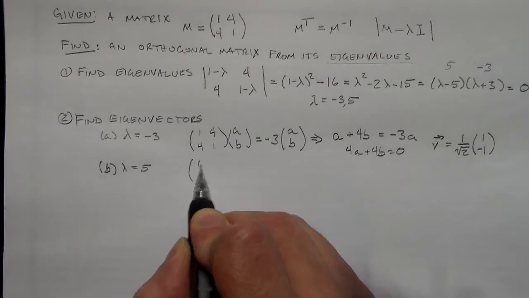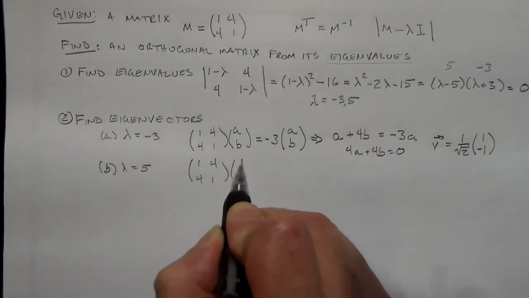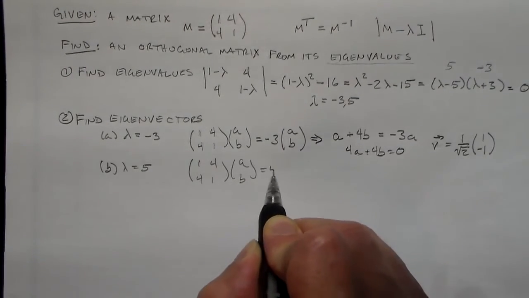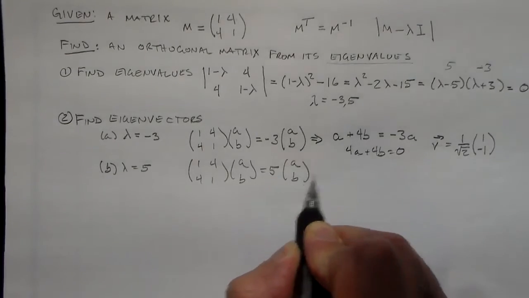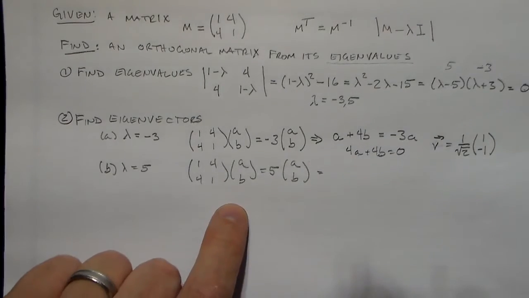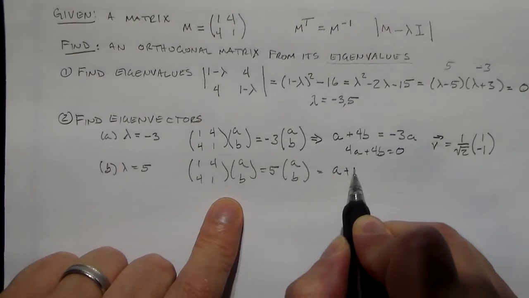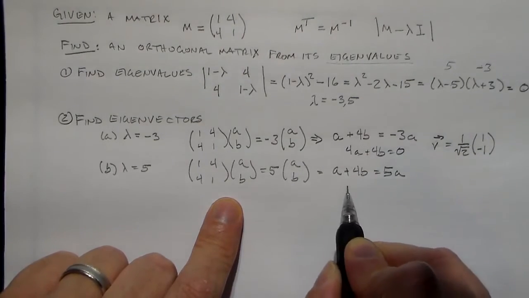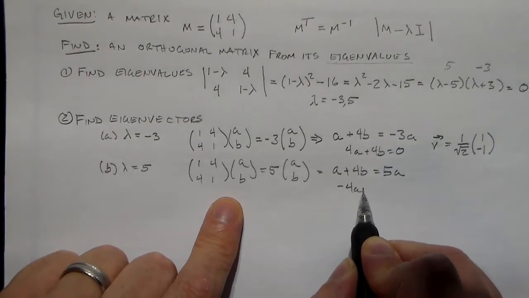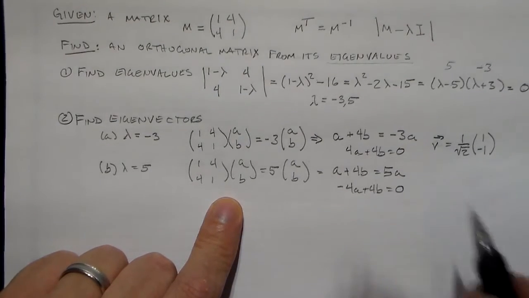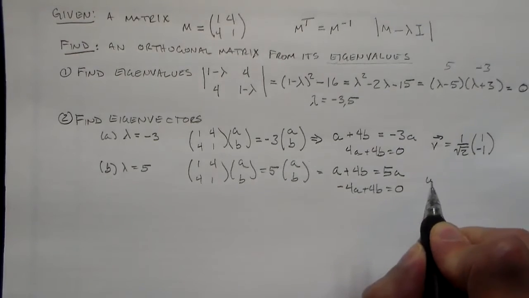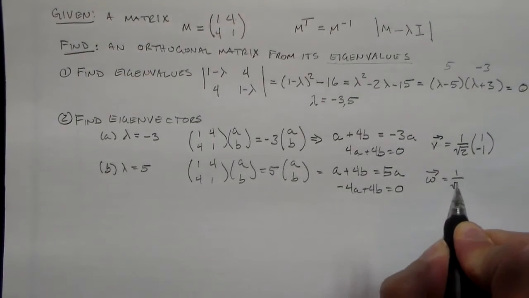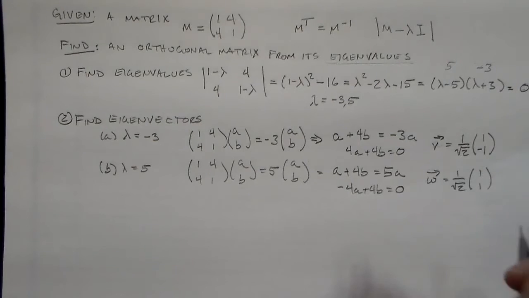We take that original matrix, multiply it by A and B. The eigenvalue is 5 now times AB, which means A plus 4B is equal to 5A, which means minus 4A plus 4B is equal to 0, which means A is equal to B. So we'll have some vector W equal to 1 over the square root of 2 times 1, 1. Again, it's normalized, that's why I use 1 over the square root of 2. I think that's sufficient.